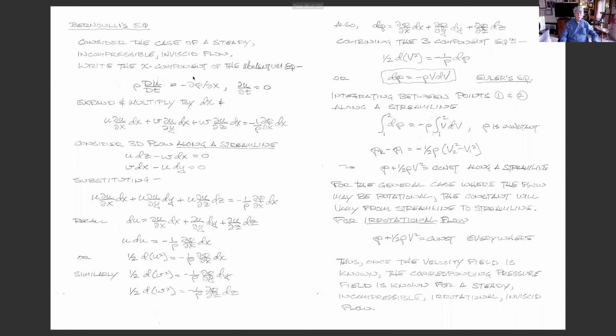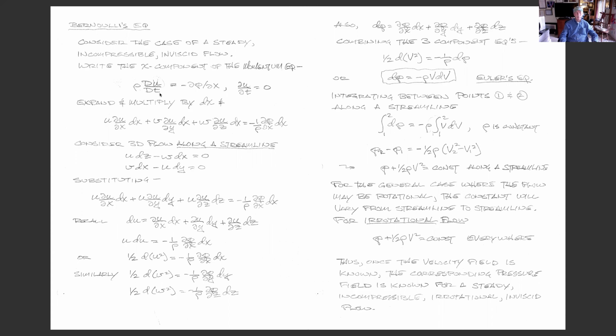If we take the x component of the momentum equation we defined a couple of days ago, here I show the substantial derivative, but the partial of u with respect to t is zero for steady flow, so we get rid of this.